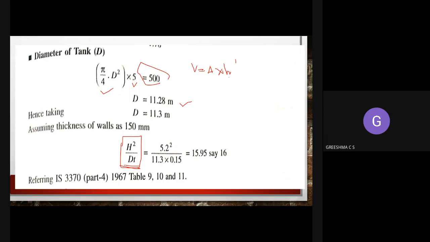H is the total height, that is 5.2, d is the diameter, that is 11.3, and t is the thickness that we have assumed, 150 mm, converting into meters, 0.15 meters. Substituting in this equation, you will get approximately 15.95. We can approximate it to 60.